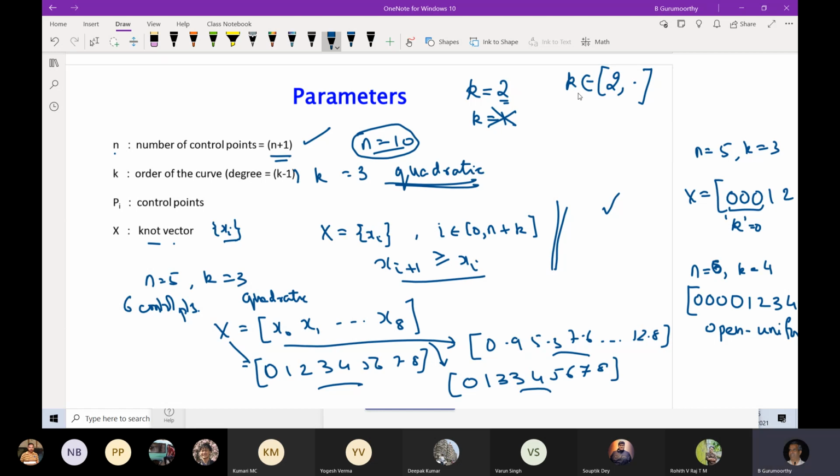If you go back to your original curve expressions that we were writing, remember, we were writing P of u equals the sum from 0 to n of a_i u to the power i. This is the basic polynomial expression. Here also we are going to get polynomials in the case of the spline, but this is the most basic polynomial expression.